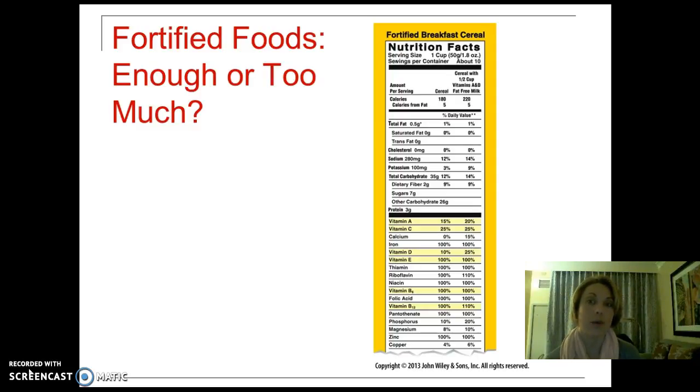So, for example, we enrich our breads that we've refined with thiamine, riboflavin, niacin, and iron. Here on this breakfast cereal, in addition to that enrichment, we've also fortified this cereal with a variety of different nutrients, such as vitamins and minerals.